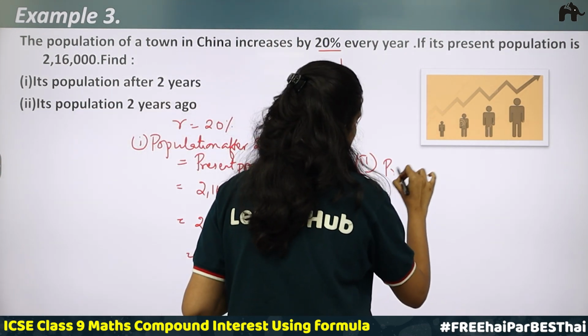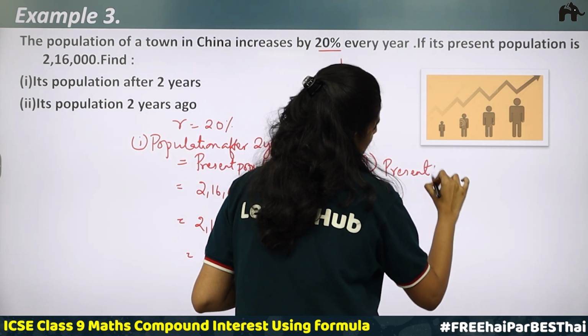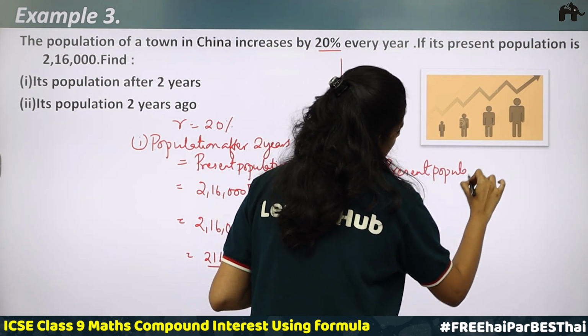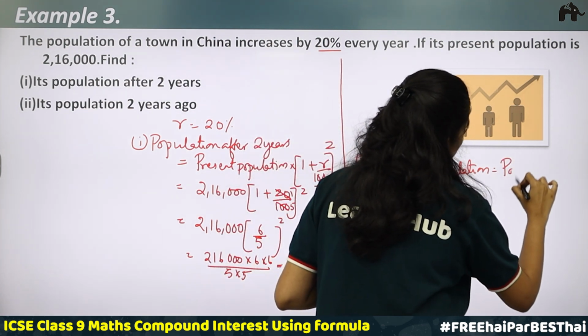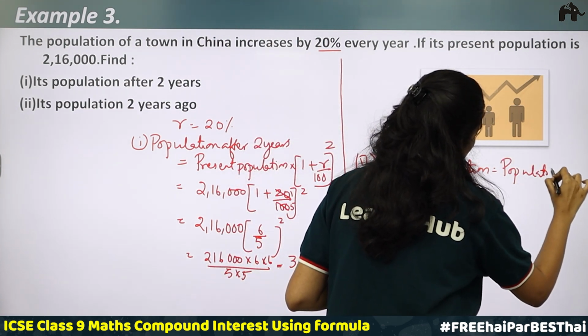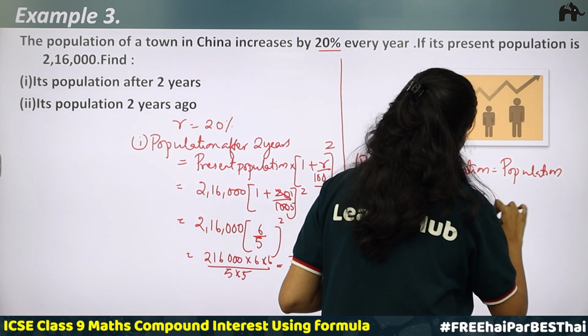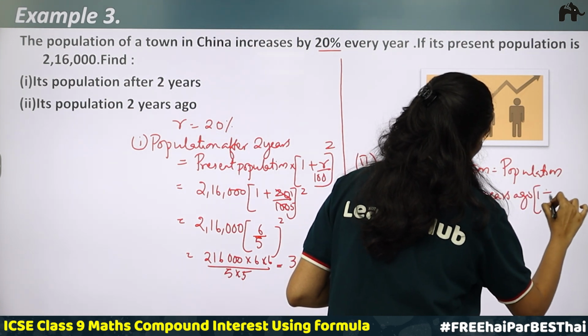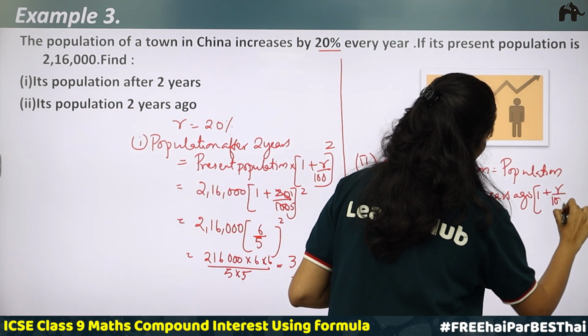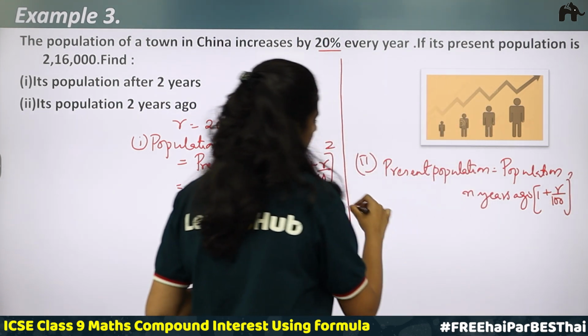Now the second part of the question, we have to find its population 2 years ago. So we know present population is equal to population n years ago into 1 plus r by 100 raised to n.